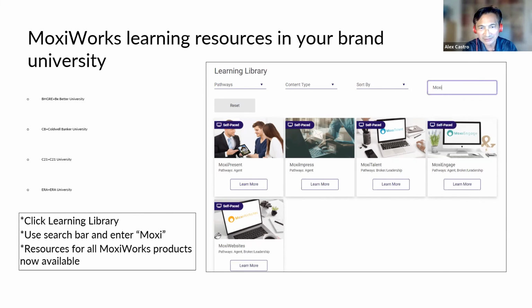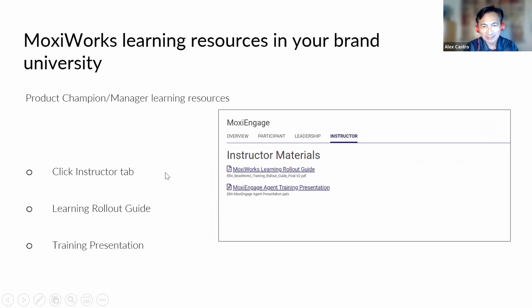All you have to do is go to your brand portal, your learning library. You can see it at the bottom left-hand side of the screen, and then type in Moxie in that little input box. And all those resources, self-paced videos, content, are going to be available to you for all the different modules.